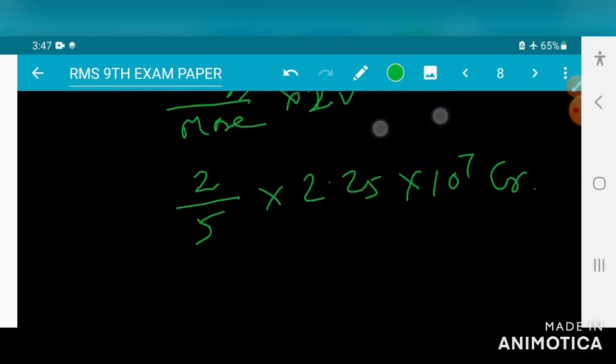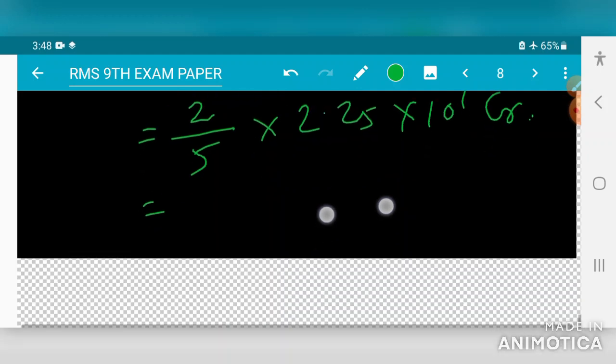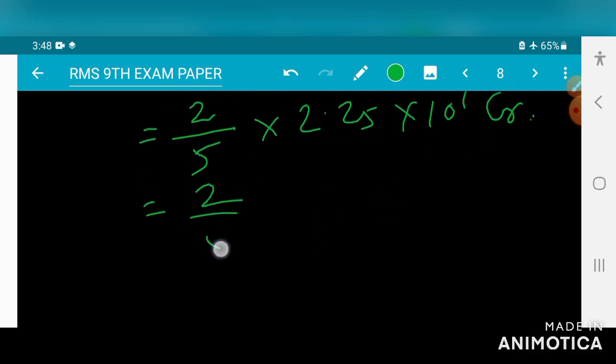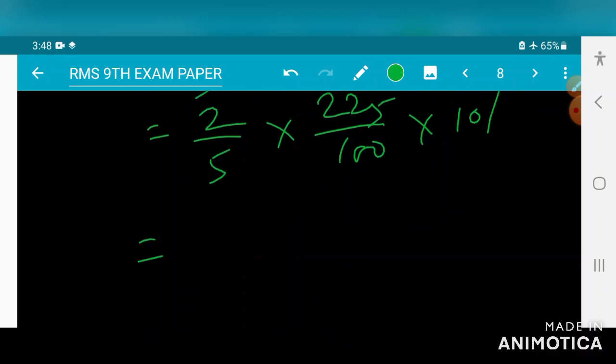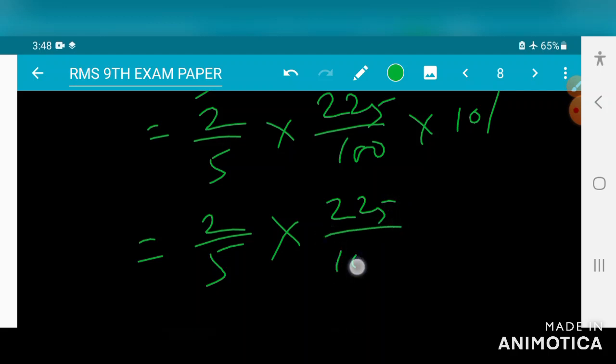Here, I am writing shortcuts. So 2 by 5 into 2.25, by removing the point, 225 by 100 into 10 to the power of 7. Next, 2 by 5, I am doing every step. 225 into 10, we can write 10 square, 10 to the power of 7.